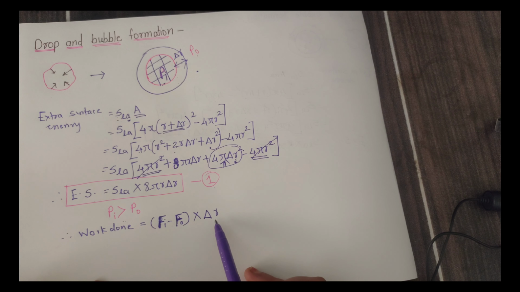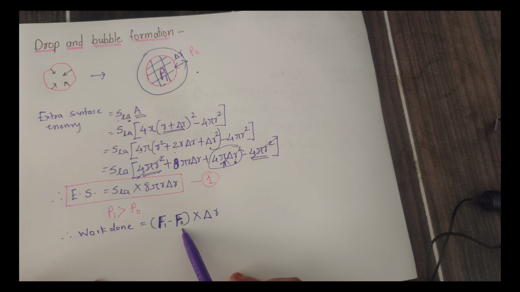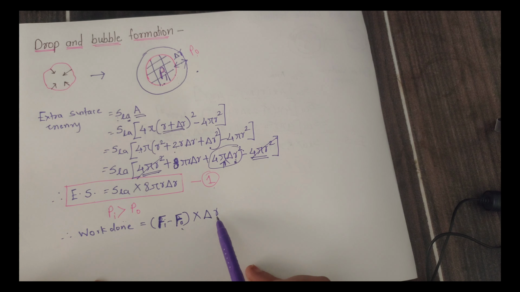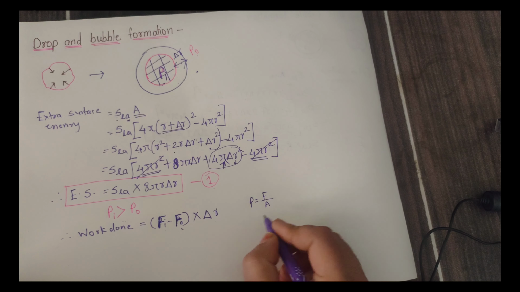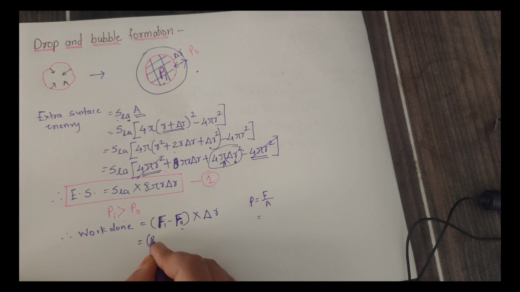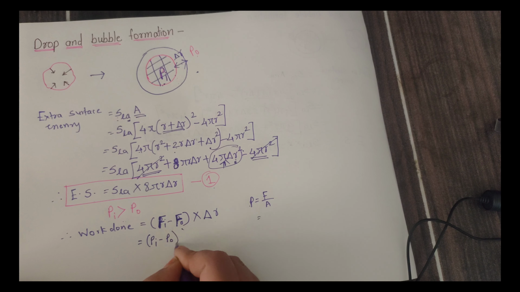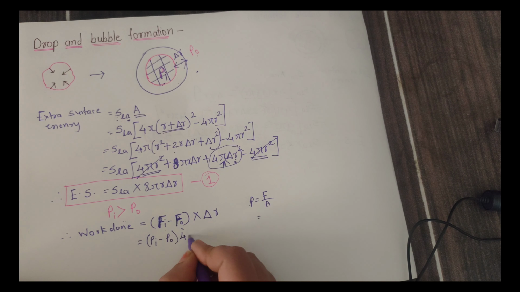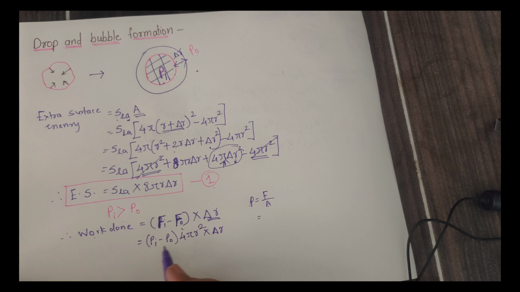Work done is force into displacement, that is internal force minus force outside the drop, into del r. Now what is pressure? Pressure is force upon area. So force is pressure into area. So we can write (Pi minus P0) into area. As this is a liquid drop, the area is 4 pi r square, into del r as it is. So we got work done, (Pi minus P0) 4 pi r square del r.